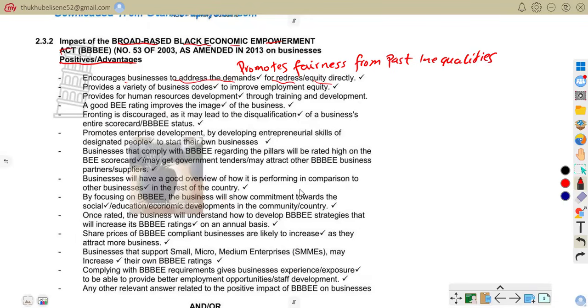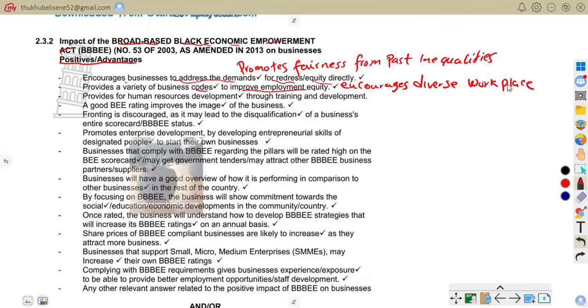Then it says it provides a variety of business codes to improve employment equity. So now we are talking about improved employment equity. It improves employment equity as it encourages a diverse workplace.